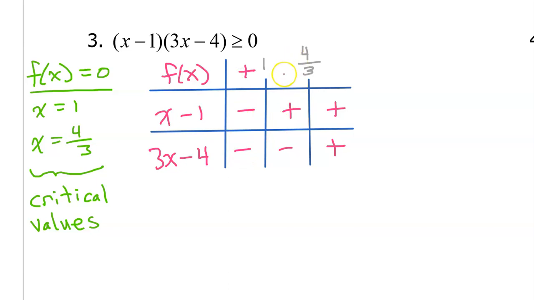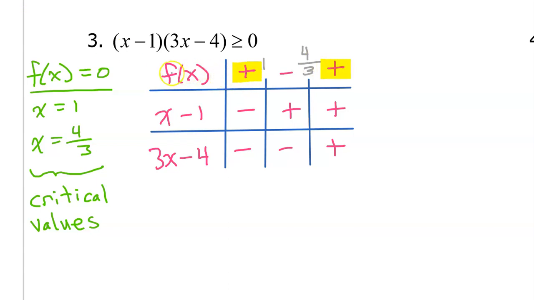In the middle interval, f of x will be negative because a positive times a negative is a negative. And in the final interval, f of x will be positive because a positive times a positive is a positive. Because we are looking for values of x that will cause the function to be greater than or equal to 0, the solutions will be in the intervals where f of x is positive.